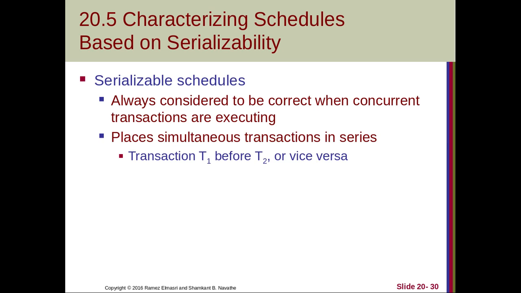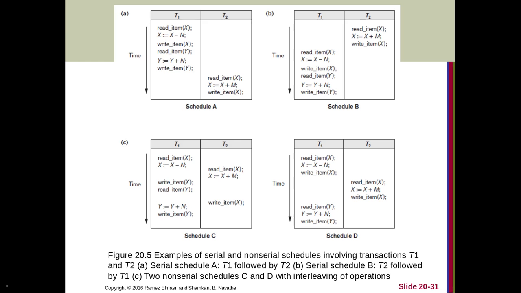Characterizing schedules based on serializability. Serializable schedules are always considered to be correct when concurrent transactions are executing; it places simultaneous transactions in series. For example, transaction T1 before T2 or T2 before T1. That means there is no concurrency or interleaving of operations. See here, figure A shows a serial schedule.